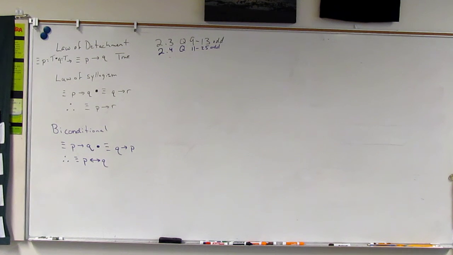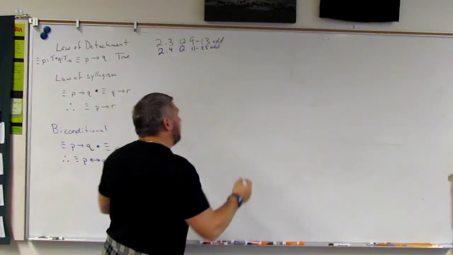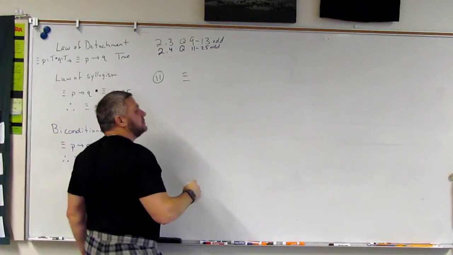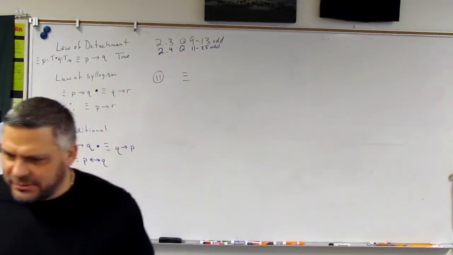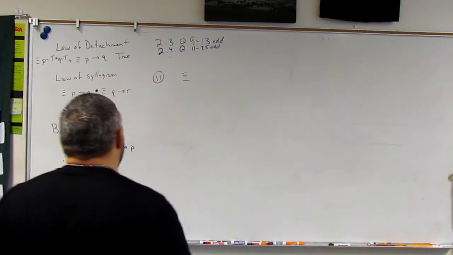So, a parallelogram is a rectangle if and only if it has 4 right angles. Okay? Remember what I said about if and only if. So this is number 11, it has 4 right angles. Is that what it said? If and only if it has 4 right angles.